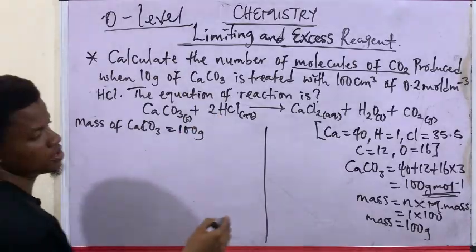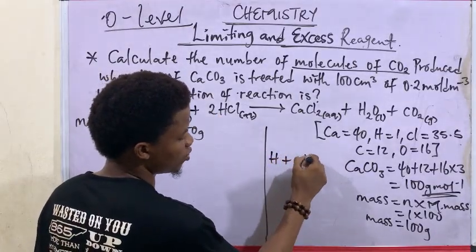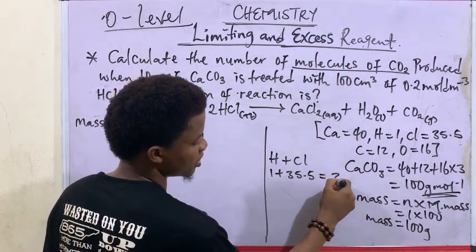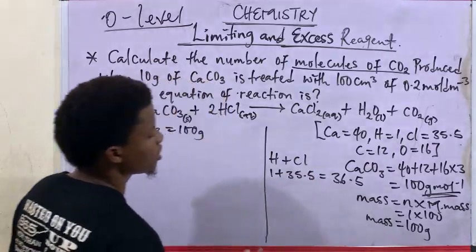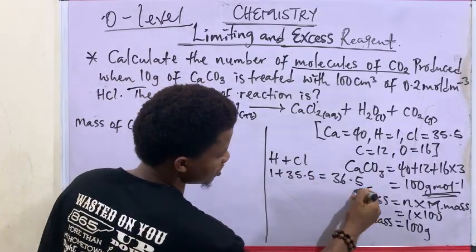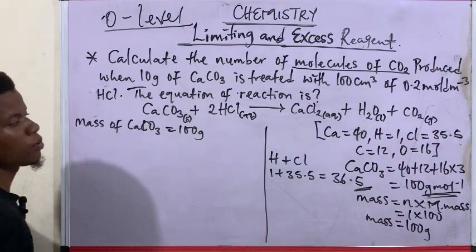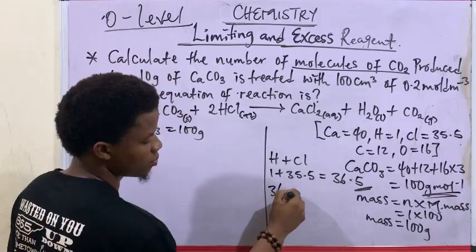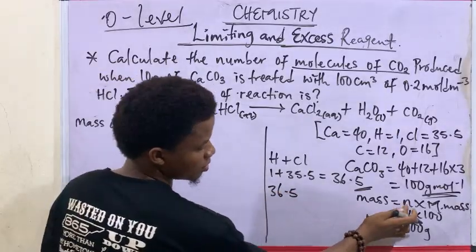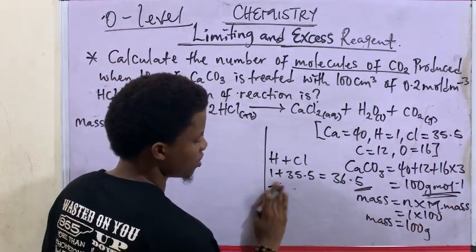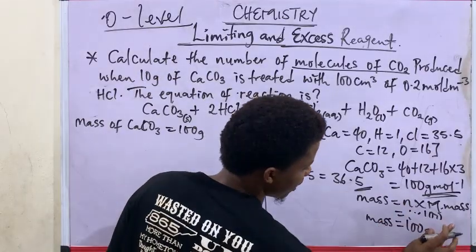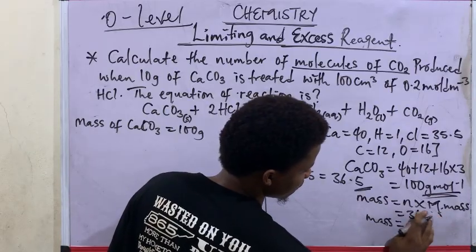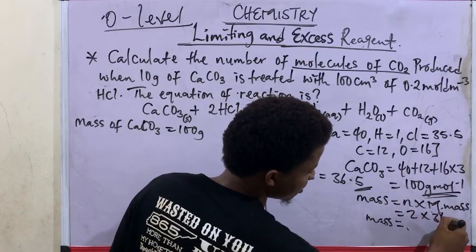HCl is hydrogen plus chlorine, that's 1 plus 35.5, which is 36.5. So the molecular mass is 36.5. But now we have 2 moles, so mass is number of moles times molecular mass, 2 times 36.5.